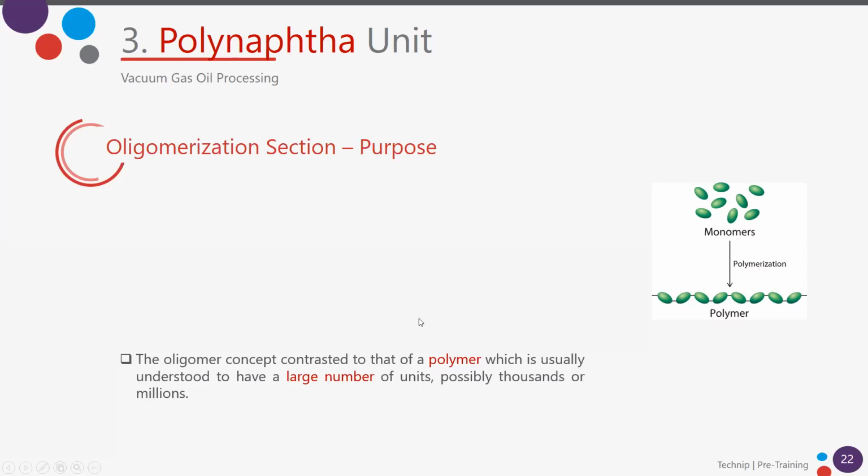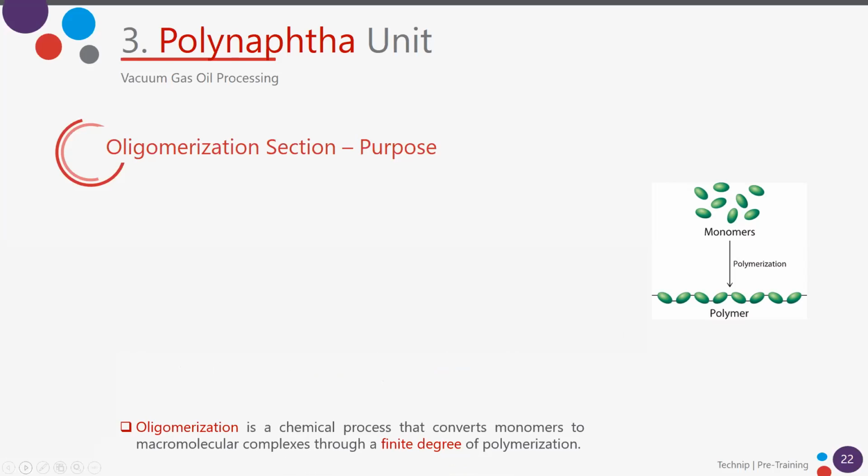That is the main difference, but sometimes polymer and oligomer are used interchangeably. It doesn't matter if you have few or many. So oligomerization is a chemical process that converts monomers to macromolecular complexes through a finite degree of polymerization. You stop the polymerization at some degree.